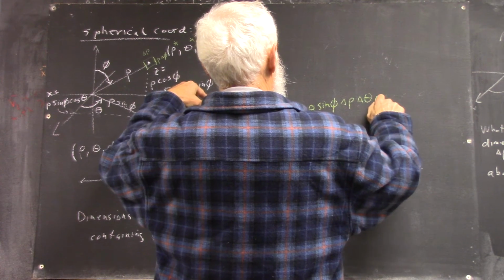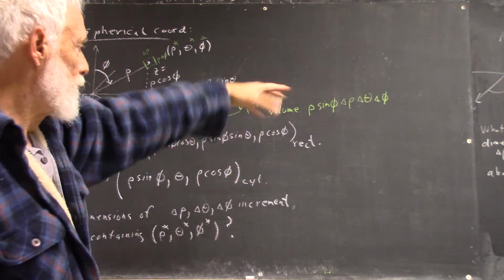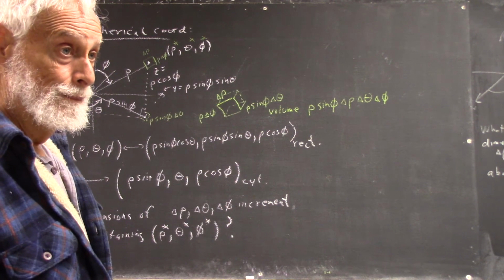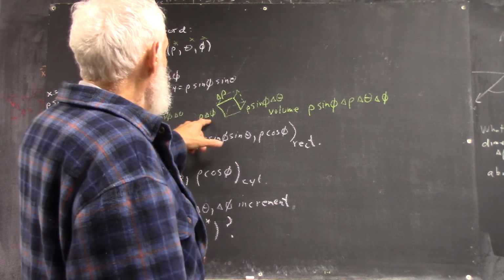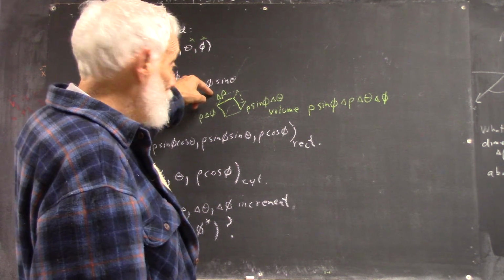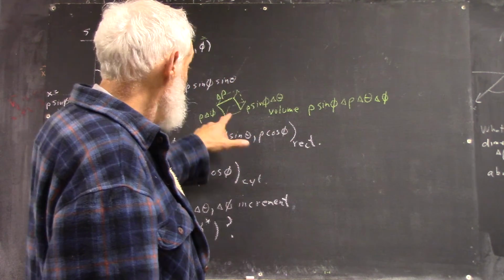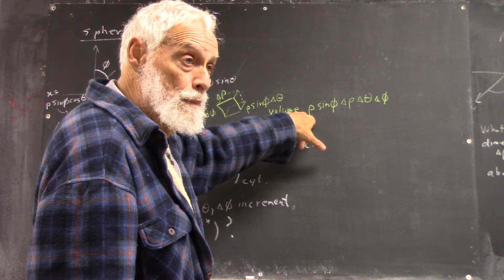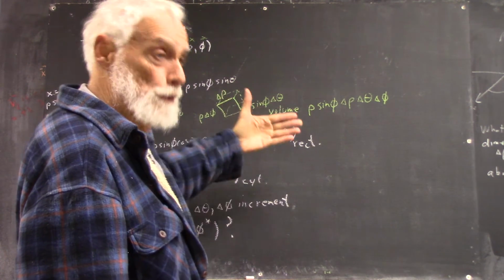It doesn't matter in what order you do these. Now when you do a partition, the order becomes important, right? But you multiply all these together, you get a delta theta, a delta phi, and a delta rho. You get a sine phi, right? And you get a rho squared. That halfway makes sense? Ponder.